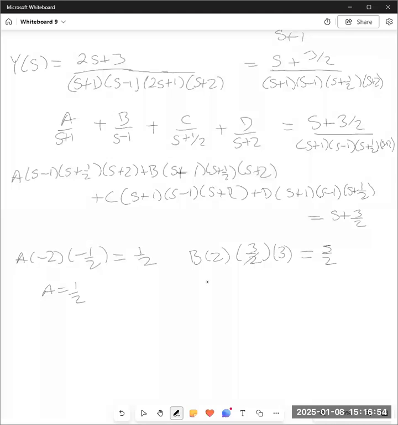So get rid of the halves here, and I have 18B is equal to 5, and B is equal to 5 over 18.